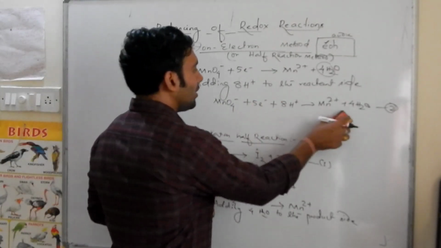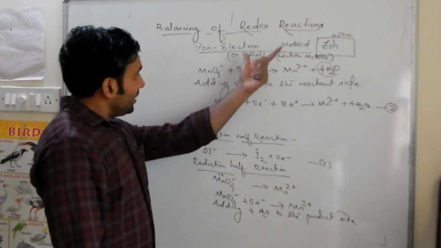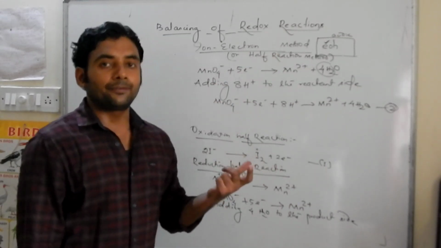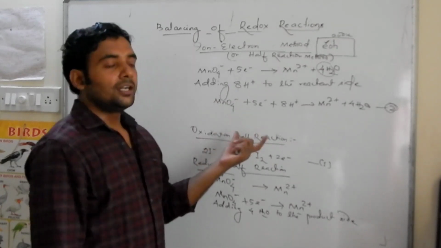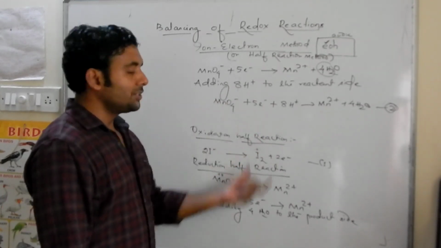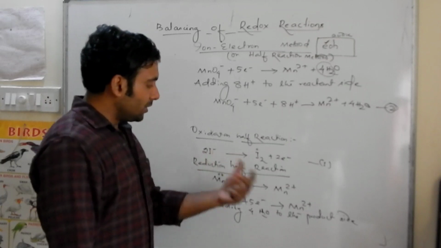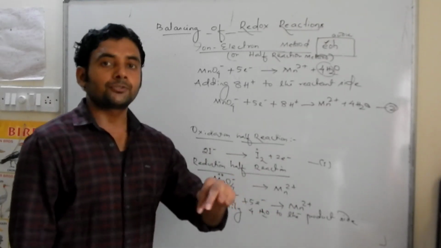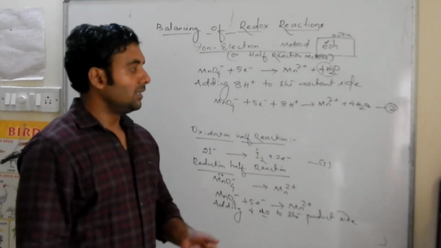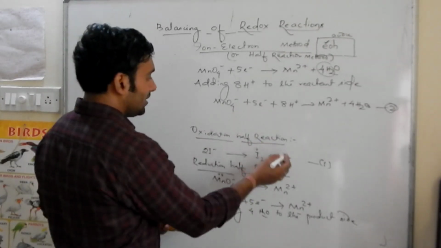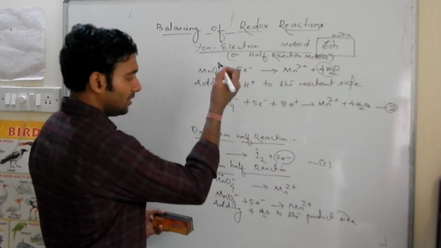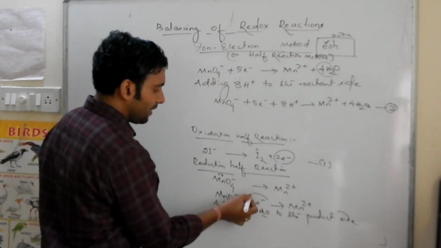Now, as the reaction was split into two half reactions, oxidation half and reduction half, we have to combine these two equations. The electrons which are lost should be accepted by the other species. See here, in the oxidation there is a loss of 2 electrons, but in the reduction half there is a gain of 5 electrons.